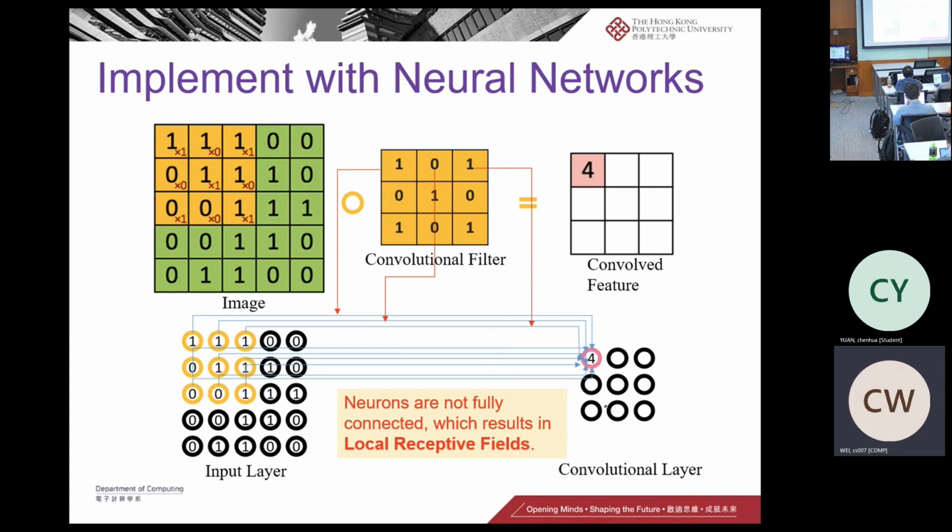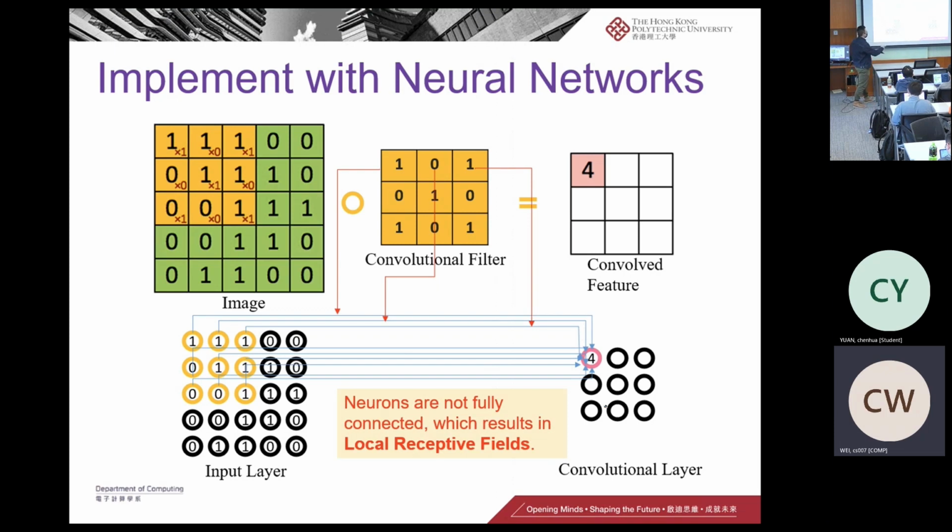Okay, putting those together, there's one more concept because it's partially connected. We call it the local receptive field, meaning this result is from a local part of the previous layer rather than all of it, and this part is connected to this one. It's the receptive field of that neuron.